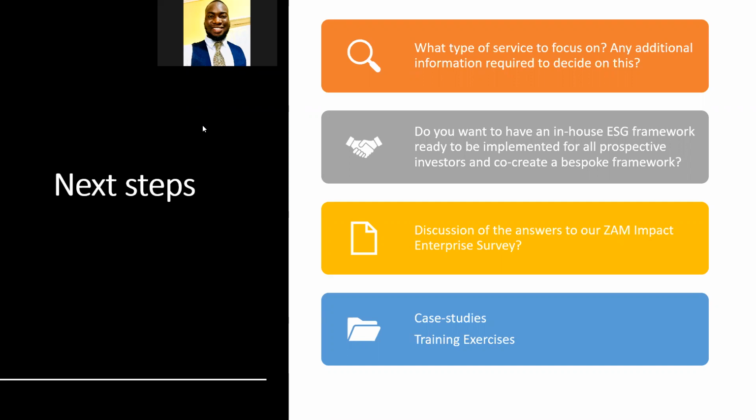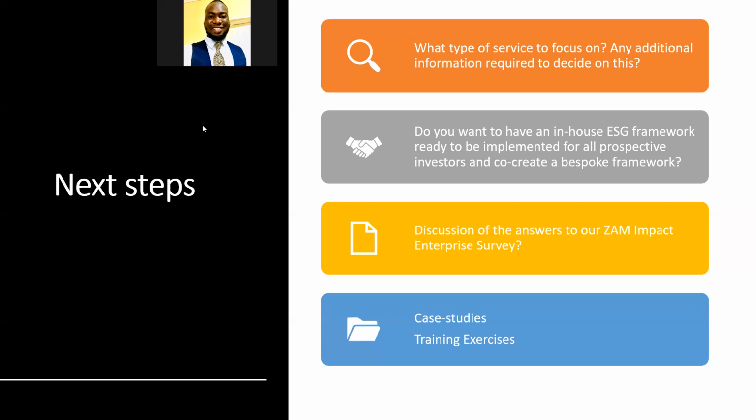So the next steps would be looking at what type of services to focus on. Is there any additional information required in order to decide on this?